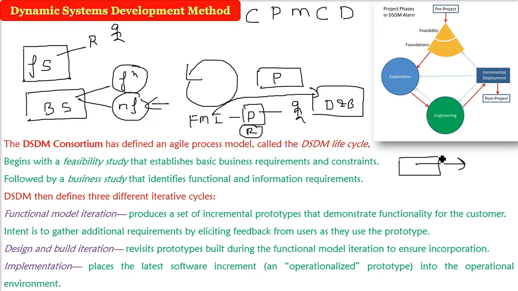So this is DSDM. You have to just learn about the Pareto principle here. Whenever somebody asks, just write or say the Pareto principle, along with the feasibility study, business study, and these 3 different iterative cycles: functional model, design and build, and implementation.